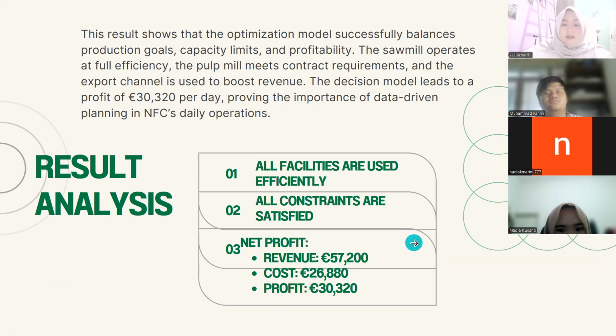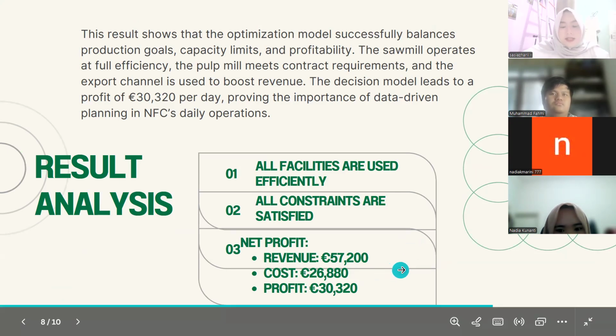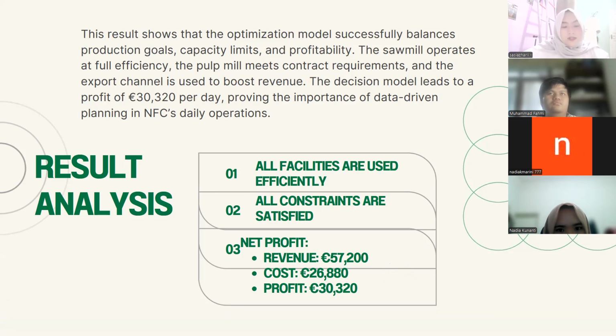The revenue is 57,200, the cost is 26,880, and the profit is 30,320. So this proves the impact of using a data-driven system model in daily production planning.